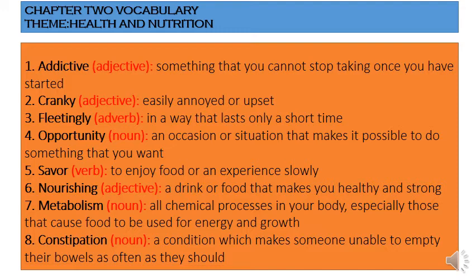It's a noun, and it's the chemical process in your body, especially that causes food to be used for energy and growth. When the nutrients from the digested food move to the blood and are distributed to the whole body through blood, this process is called metabolism.